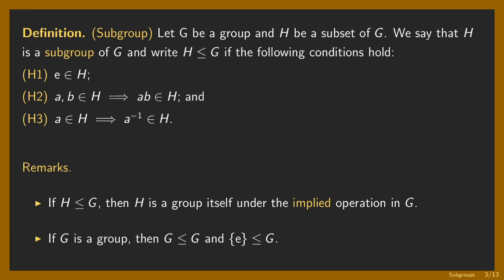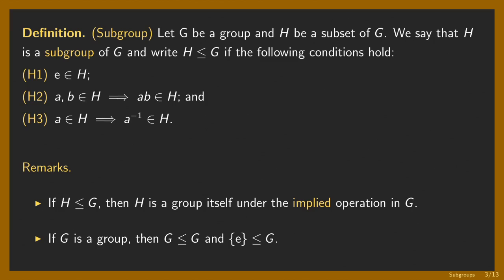Why is that a subgroup anyway? First of all, E is here. Second, this set is closed under multiplication. Why? Because the only element in this set is E, so the only multiplication possible is E times E. But we know that E times E is equal to E. It's still in the set.